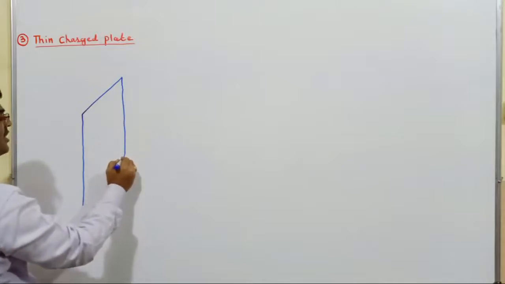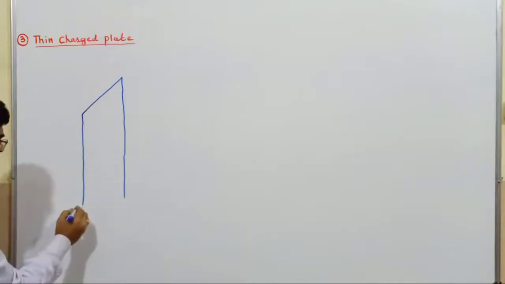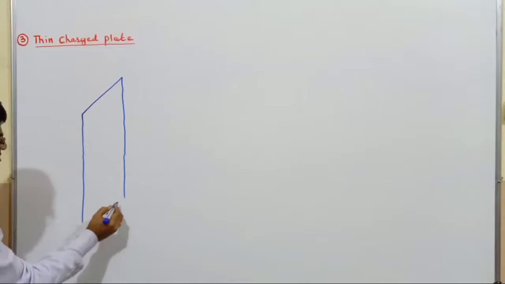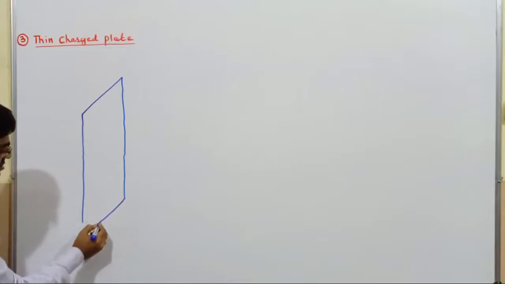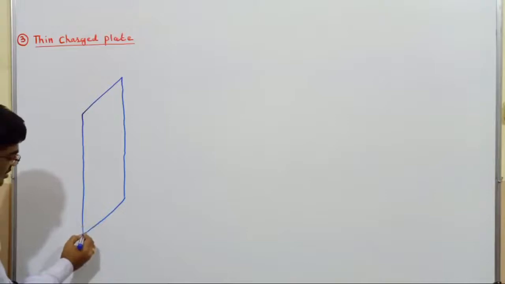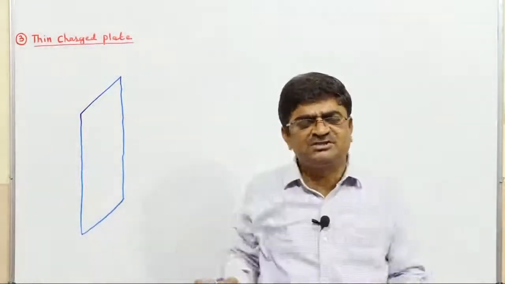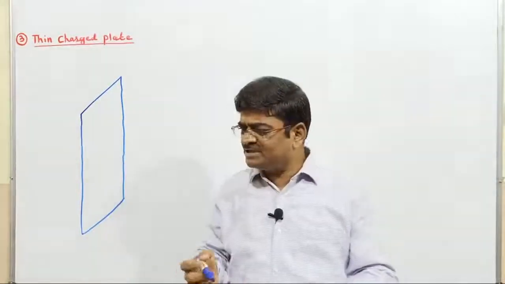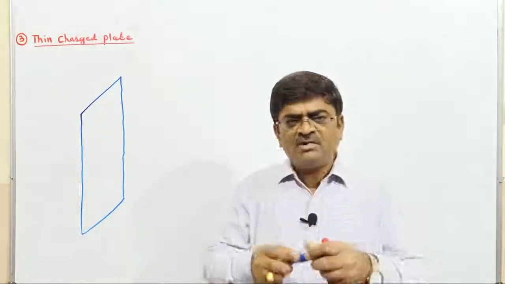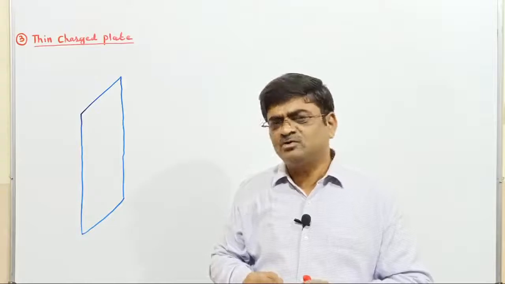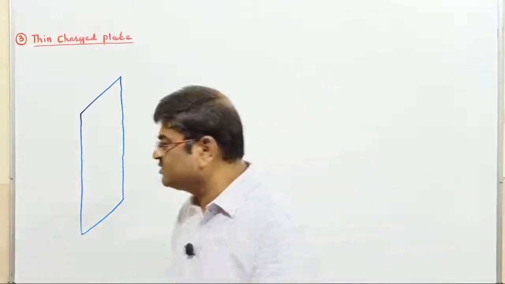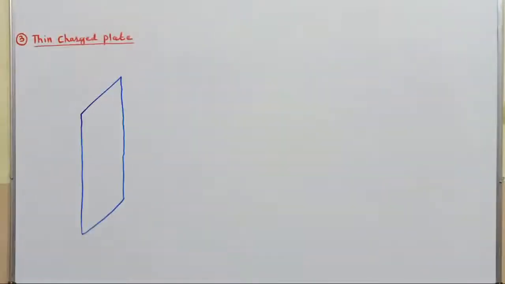Point to be noted, at present I am dealing with a charged sheet of very huge dimension, and importantly it is thin in geometry, very thin, not thick. For a thick one also we shall come ahead. We will discuss that also. Right now I am dealing with a thin sheet.